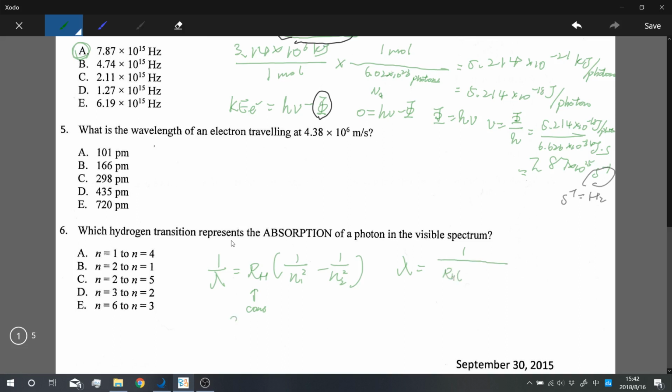The constant R_H equals 1.097 times 10 to the 7 per meter, and that's a constant on your formula sheet. So lambda equals 1 over R_H times 1/n1 squared minus 1/n2 squared.